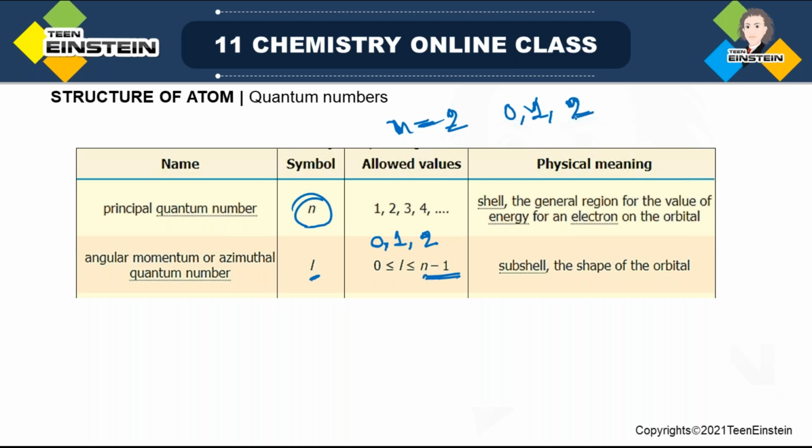But when you choose the next l value as 2, it is not possible, because the final limit should be n minus 1. When n is 2, obviously n minus 1 is 1.